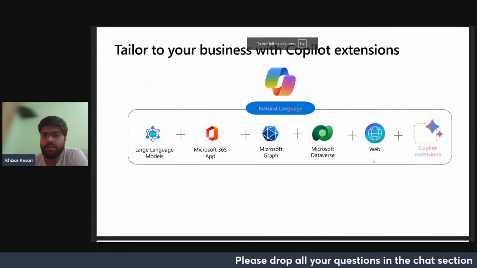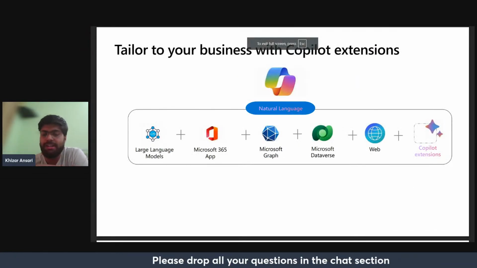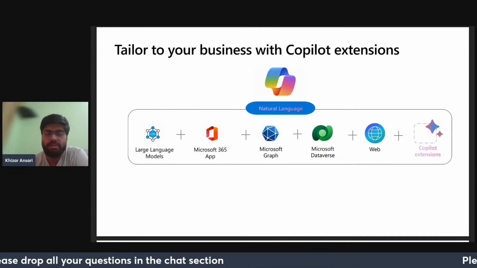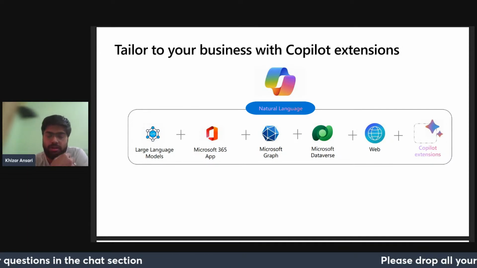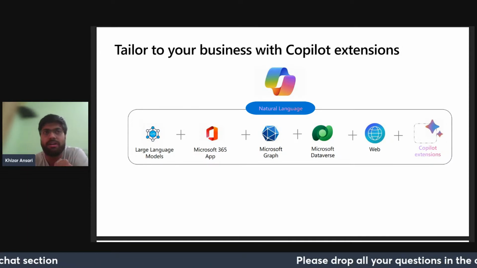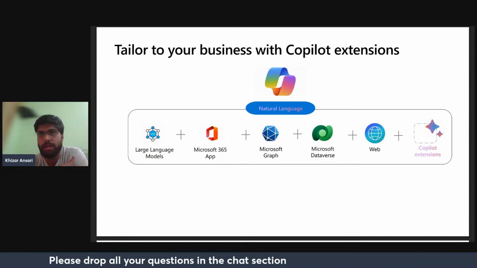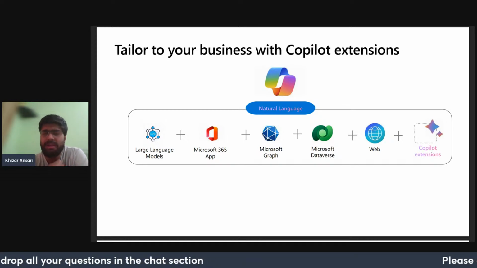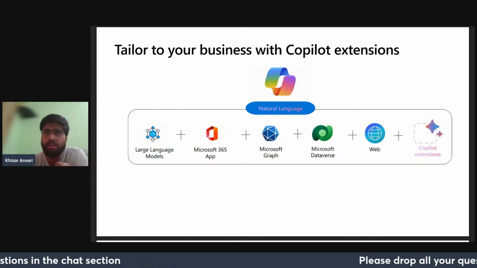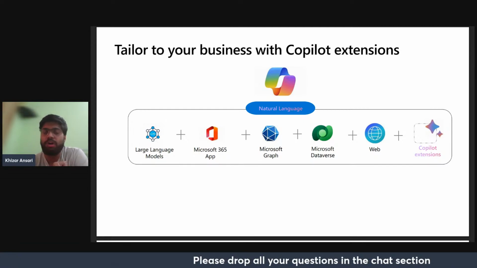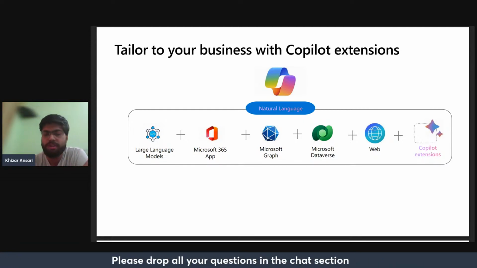If you see here, Copilot is comprised of multiple technologies behind the scenes. It includes the Microsoft 365 apps, meaning Outlook, Teams, and all the M365 suite applications. So what you can do is create a bot in Copilot Studio, have multiple actions and multiple topics created behind it, and simply integrate that bot with any of the M365 suite applications.